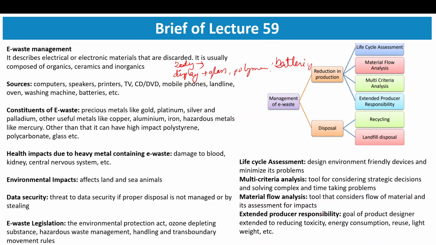Then next is extended producer responsibility. So, for example, if I give you the example of mobile phones or laptops, then the product designer or the manufacturers, to reduce the toxicity, they provide the guidelines or they are responsible for what will be the way of disposing it after its usage, right?